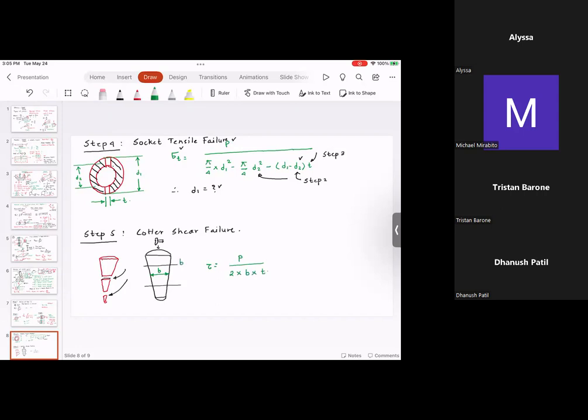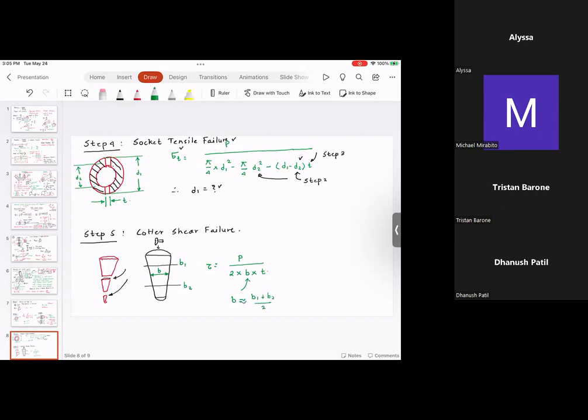So this is B1 and B2. But since the Cotter is tapering, this is an assumption. So B, think about it like B1 plus B2 divided by 2 approximately.